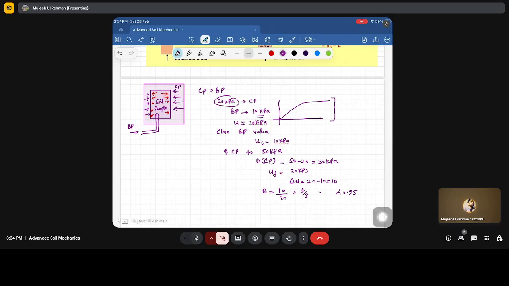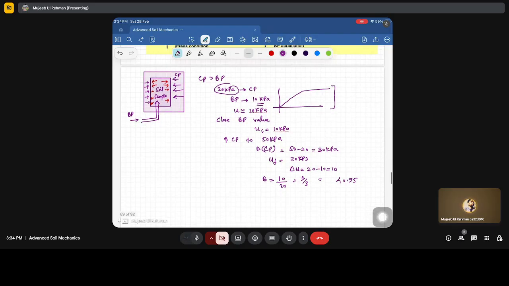We will hold the cell pressure at 50 kPa and increase the back pressure to the next interval. Let's assume I want to give an interval of 20 kPa. Initially it was 10, then I give plus 20, so it is 30 kPa. Correct?